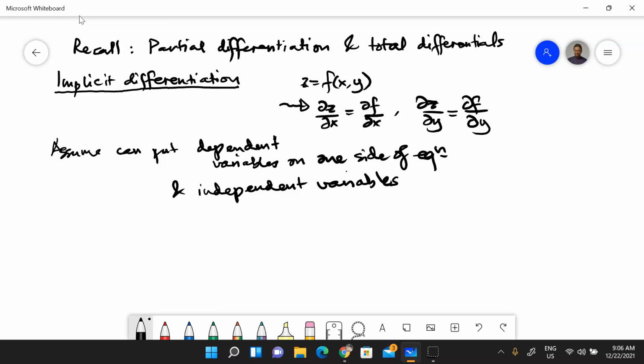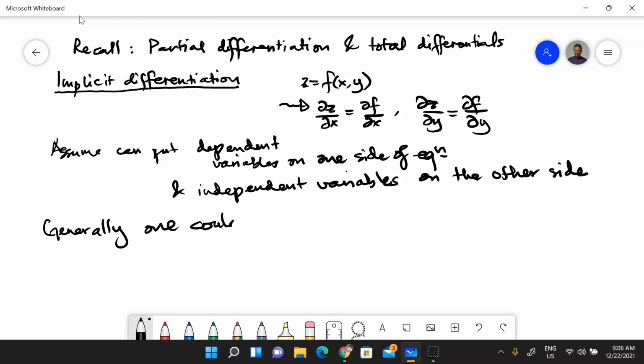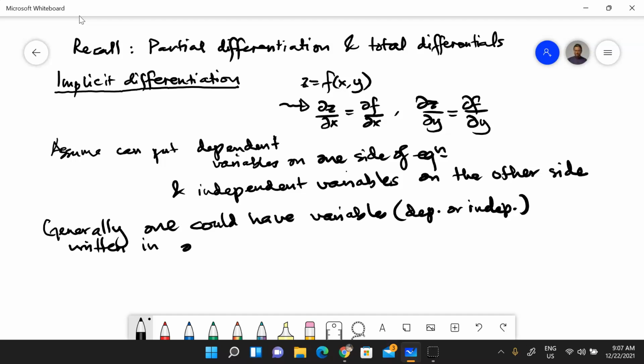Dependent variables on one side of the equation, and independent variables on the other side. So sometimes what's going to happen is that you generally could have variables, independent or not, dependent or independent, written in one single equation and not separated.